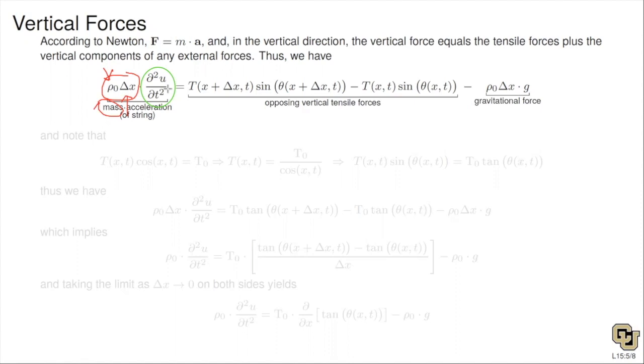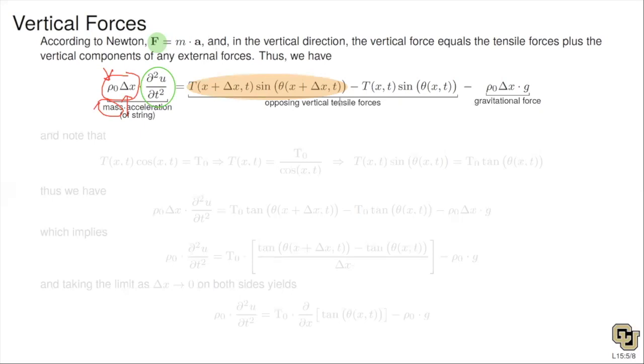On the other side, this is now a force. We calculated the magnitude of the tensile force. There's a vector that's a force, and we've taken its magnitude. That's the magnitude of the force times the sine that gives you the vertical direction.